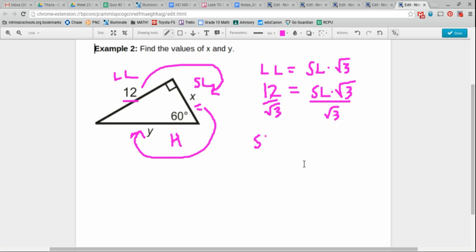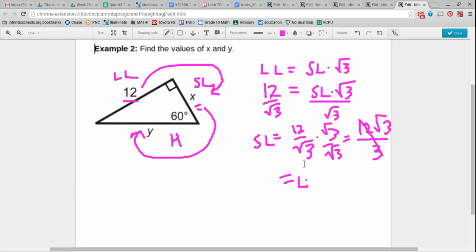Which means the short leg is equal to 12 over rad 3, and of course we can't leave it like this. So we'll multiply by rad 3 on top and bottom. We'll get 12 rad 3 over 3. Taking a look at 12 divided by 3, we'll get 4 rad 3. So X, which is the short leg, is equal to 4 rad 3.